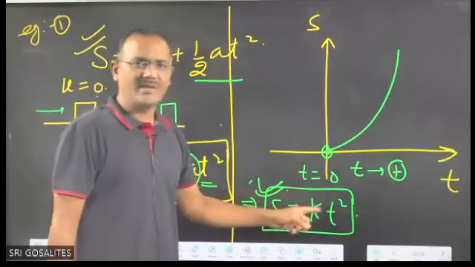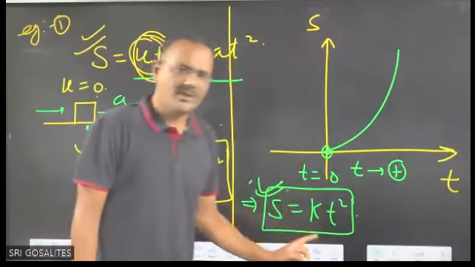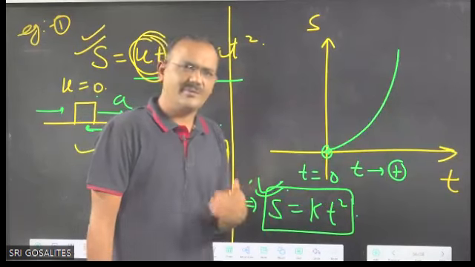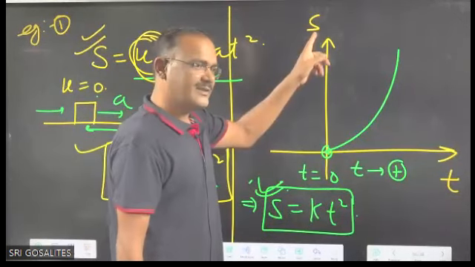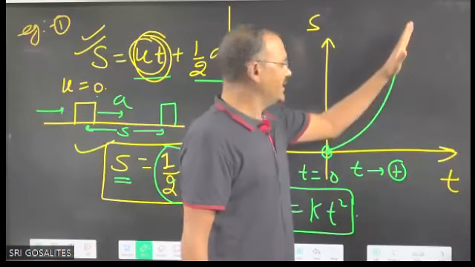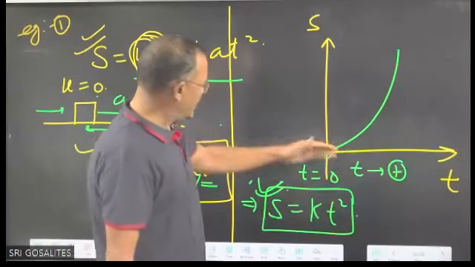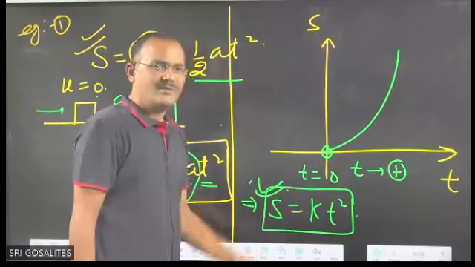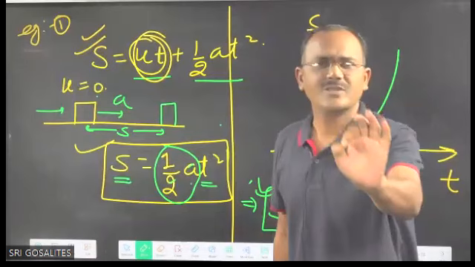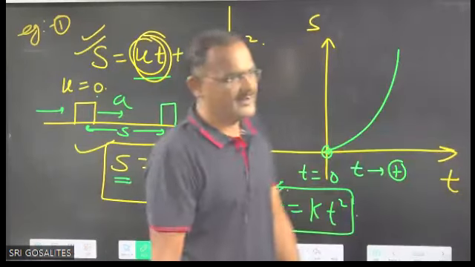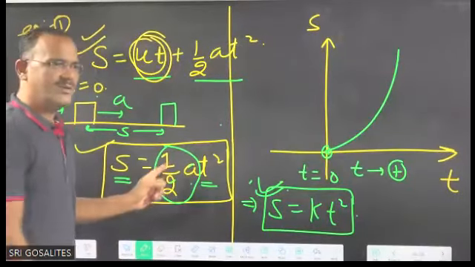The power of time is 2 and the power of S is 1. A parabola is symmetric to the variable which has the power 1. So who has the power 1? S. Understand? So it will be increasing like this. It will not go this side because time cannot be negative. When you start observing something, at least you will count the timing from t equals 0. Okay? Fine. So shall I clean it now?